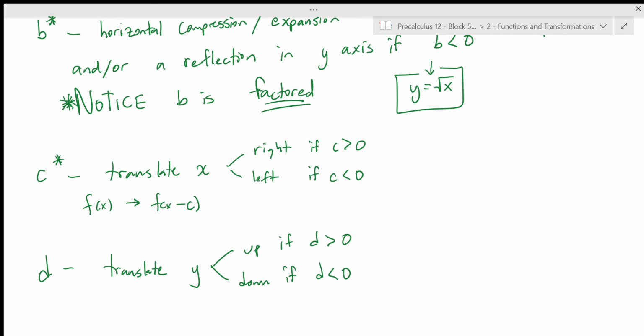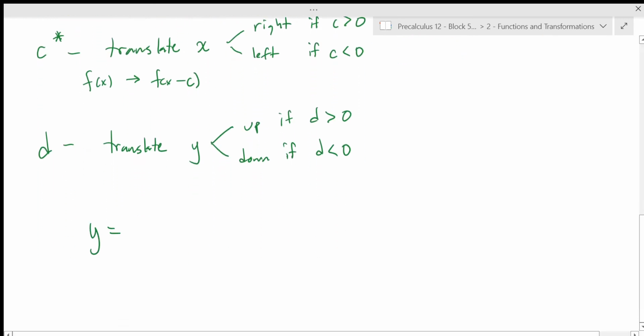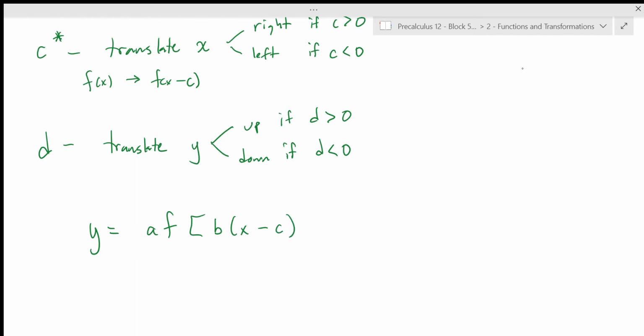Okay? So generally, what you're going to be doing, and the order you're going to be doing this in, is if you have your y equals a f of b times x minus c plus d. First thing you need to do is make sure that if you have a b, it's not that there's a negative or any other number in here. B must be factored. So if it's not factored inside your function, you need to make it factored. Otherwise, your horizontal translation won't come out properly.